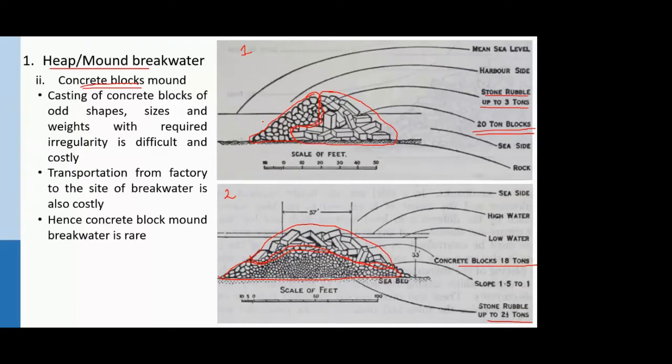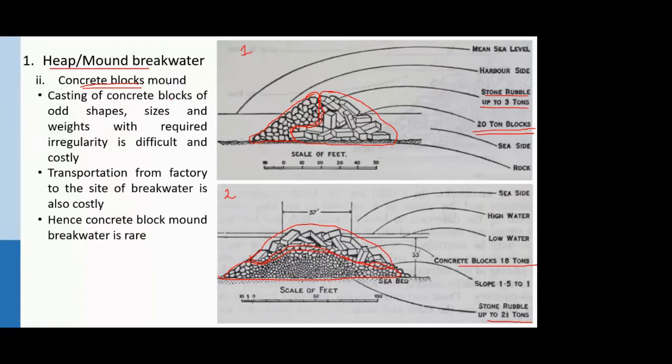You have to just process it a bit, as in break it down to sufficient sizes, whereas for concrete blocks you need to first design the concrete, mix it, cast the blocks, cure it, demold it and then place it on the site. That obviously requires more time as well as money. So that's why the concrete block mound is generally used in combination with rubble.